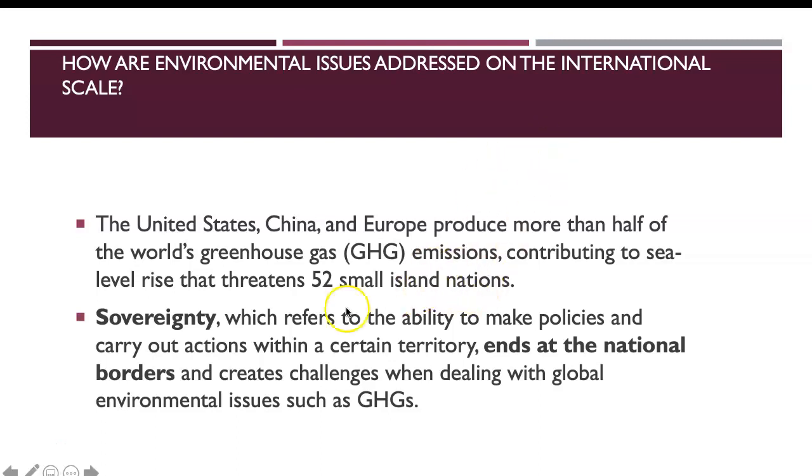Wow. We have 200 nations, and this is a quarter of the nations. This is really serious. And then there is sovereignty, which means each country exercises its power within its boundary. But that also causes challenges when dealing with global environmental issues, such as greenhouse gas emissions.